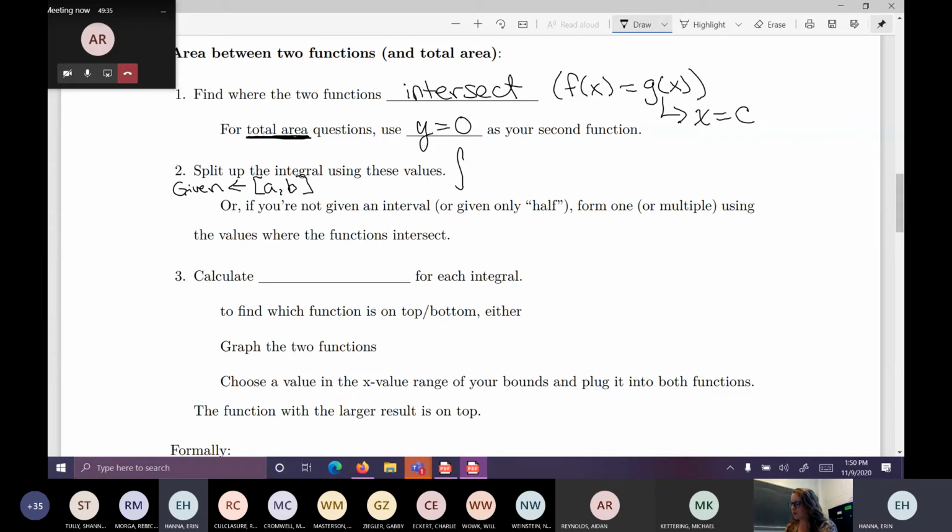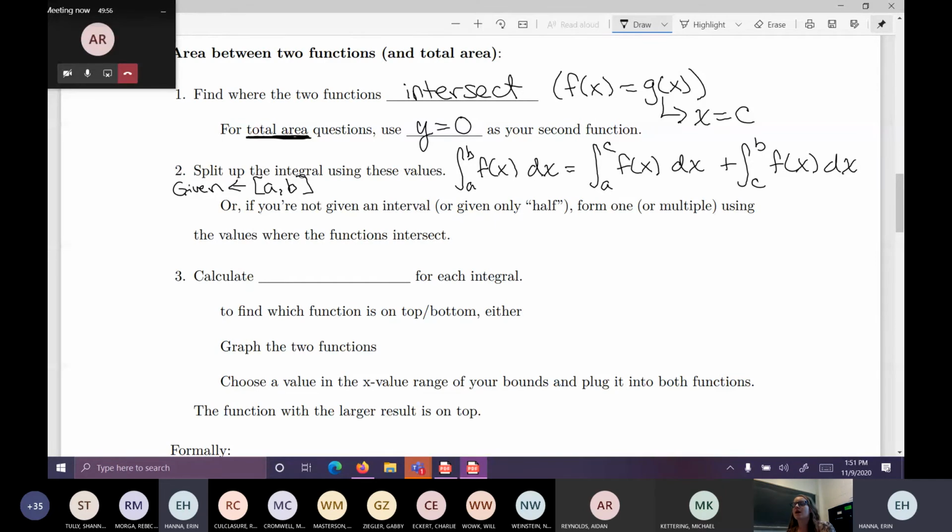Well, essentially you'd be looking for the integral from a to b, but we're going to have to split it up using that value where the two functions intersect, if there is one. If there isn't one, then you skip this step. But you essentially have to split it up into 2 or maybe more integrals.